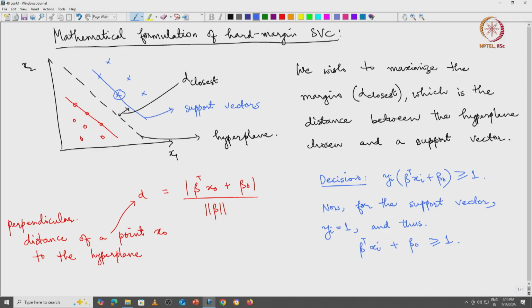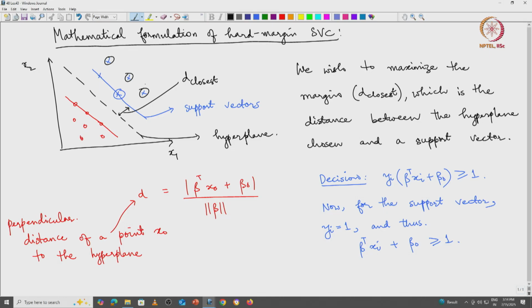This is true for points that are away from the support vector, but exactly on the support vector it will be equal to 1.